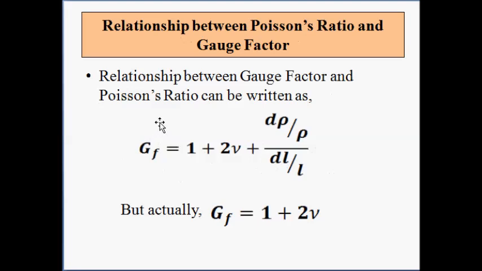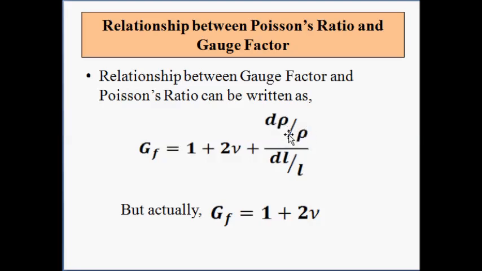So, the relationship between Poisson's ratio and gauge factor can be written as: the gauge factor is equal to 1 plus twice the Poisson's ratio plus the ratio between per unit change in resistivity and per unit change in length. As I said, the change in resistivity is generally ignored in case of strain gauge.